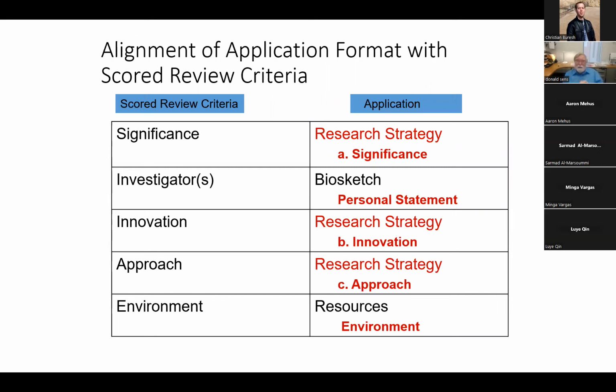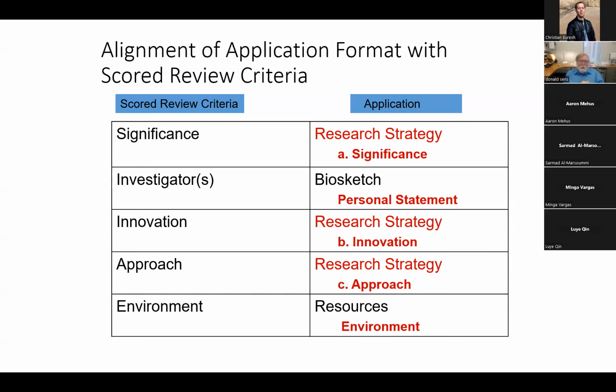A lot of people will look at your biosketch as the first thing they do with your grant, to see who they're dealing with, how productive they've been, and what their areas of expertise are. So your biosketch is really important as one of the first steps.